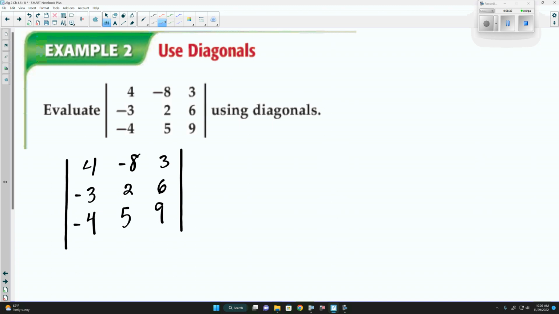Now, the first main step that we're going to do to help us see these diagonals is to rewrite the first 2 columns again. I rewrite them back out. And the reason that we do this is to help us to see those diagonals.